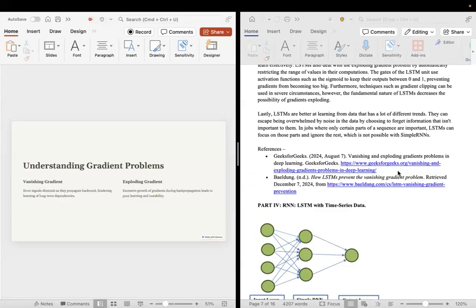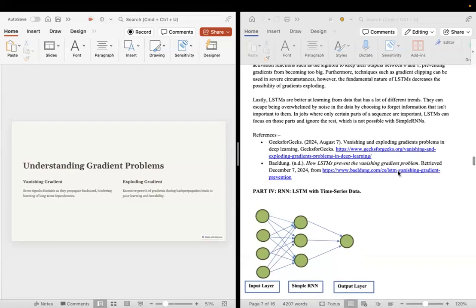They can avoid being overwhelmed by noise in the data by choosing to forget information that isn't important. In jobs where only certain parts of the sequence are important, LSTMs can focus on those parts and ignore the rest, which is not possible with simple RNNs.